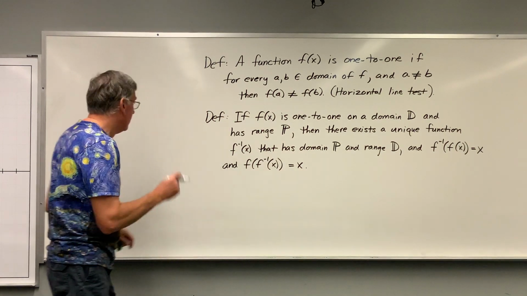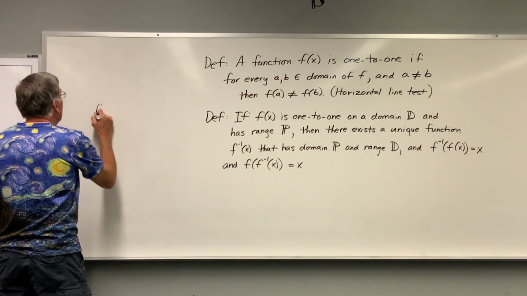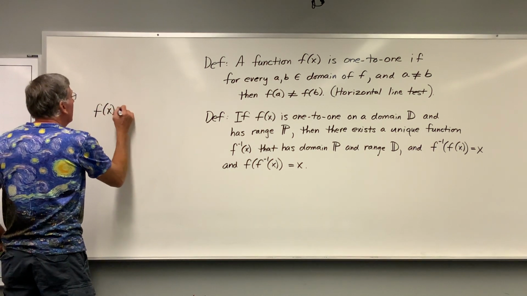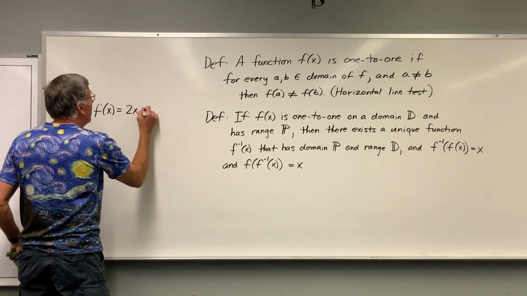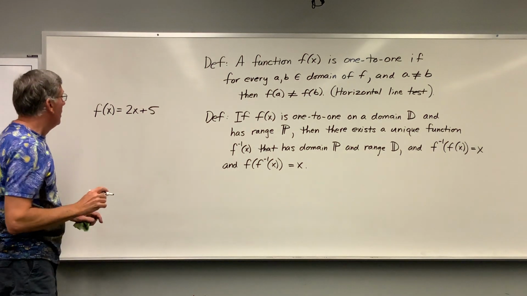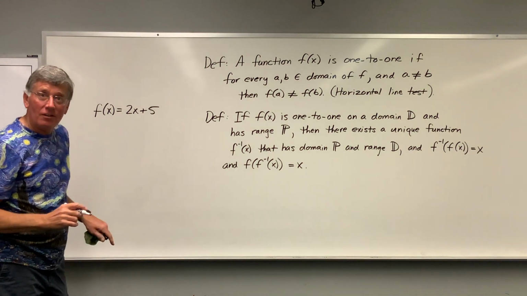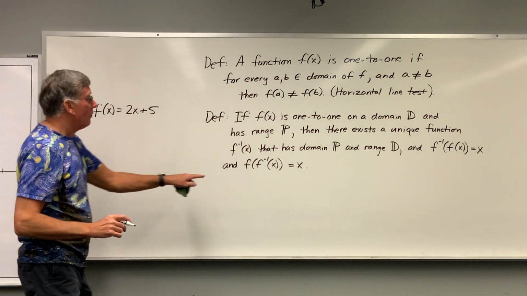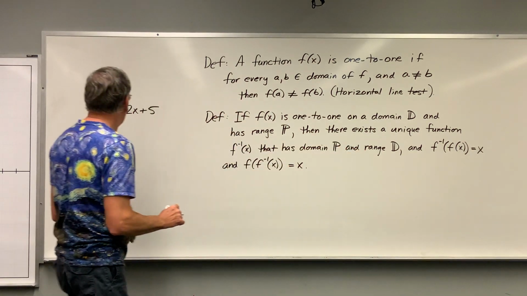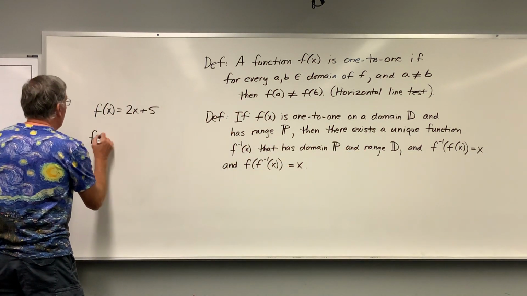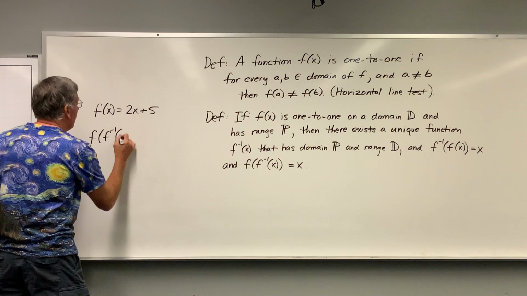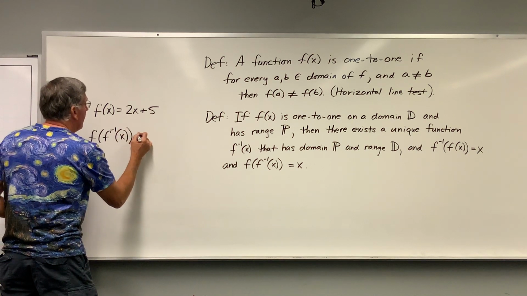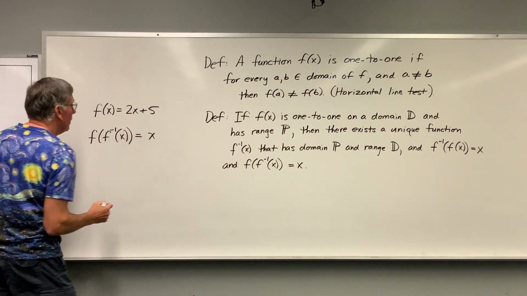Here's an example. Let's suppose f of x is 2x plus 5. I want to find f inverse of x. Well, I know from this property here that if I do f of f inverse of x, that's going to equal x.